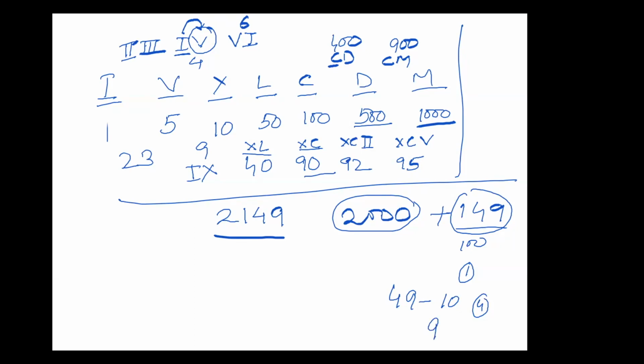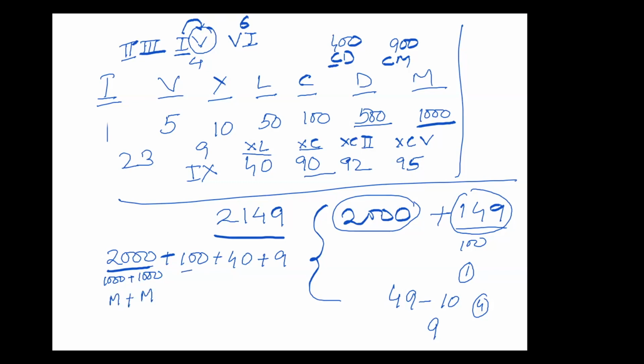So just to summarize whatever we learned here, 2149 can also be represented by 2000 plus 100 plus 40 plus 9. 2000 is 2 times 1000, which means we can write 2M. 100 can be represented by C. 40 can again be represented by XL. 9 can be represented by IX.